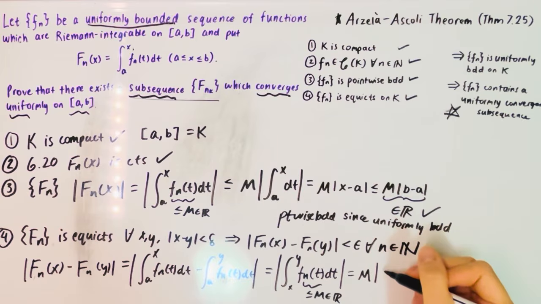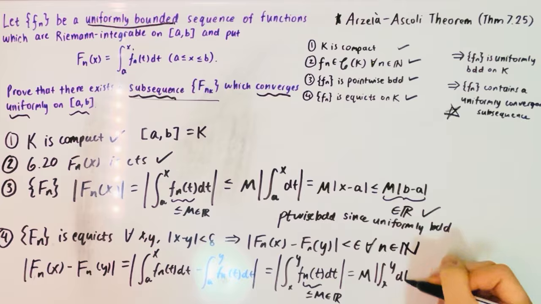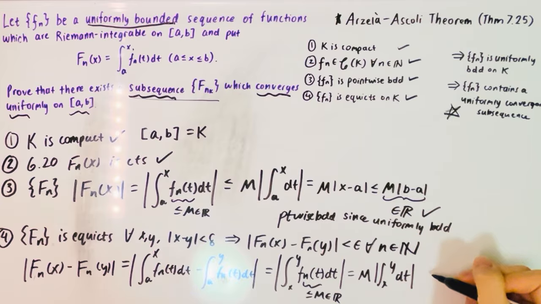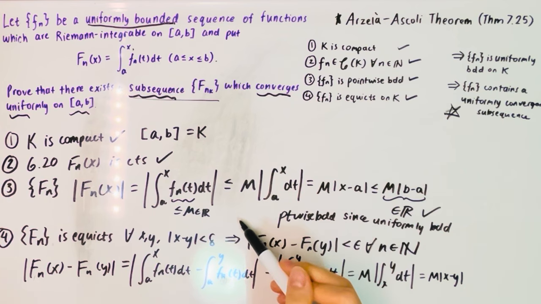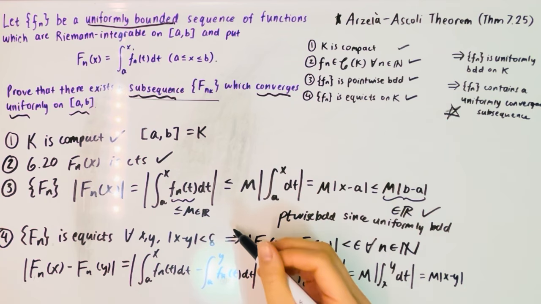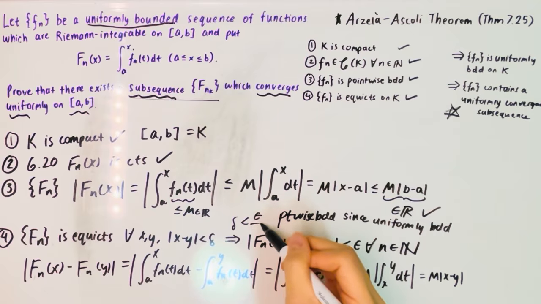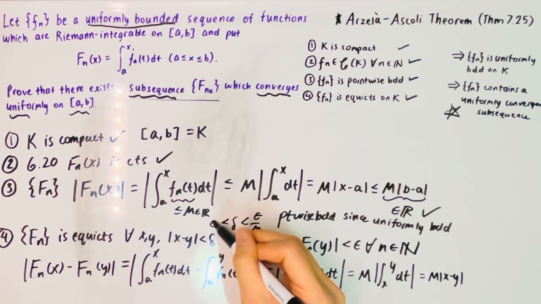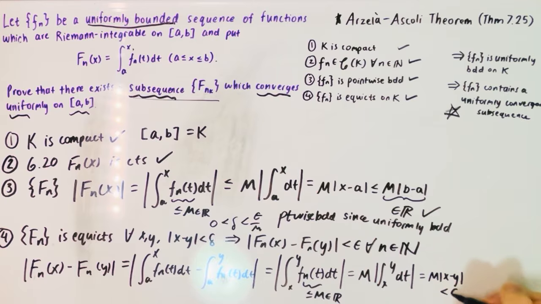Then that's just going to be M times the integral of dt from x to y. And now we can see that if we choose our delta to be less than epsilon over M, with M greater than 0, this is less than epsilon over M times M, these cancel, and then we get it's less than epsilon.